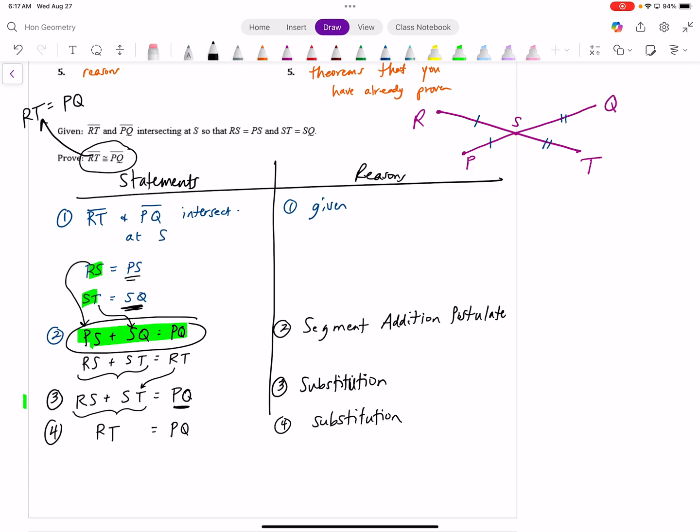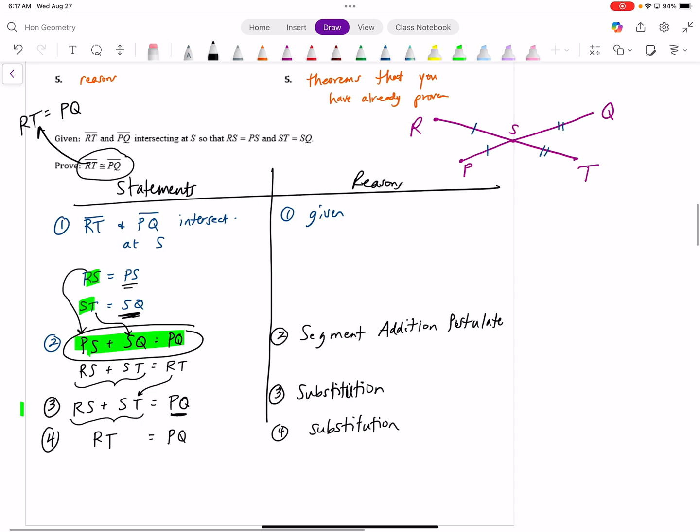And then from here, I could say that RT is congruent to PQ because that's the definition of congruent segments. This is the definition of congruency. If two segments have the same length, that means that they're congruent, or vice versa. If two segments are congruent, they have the same length.